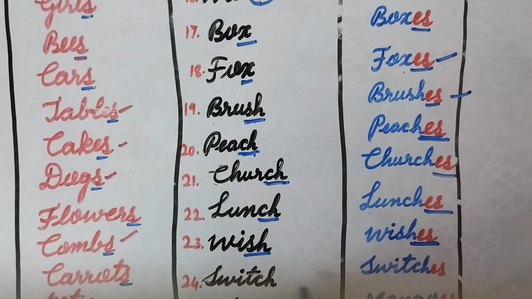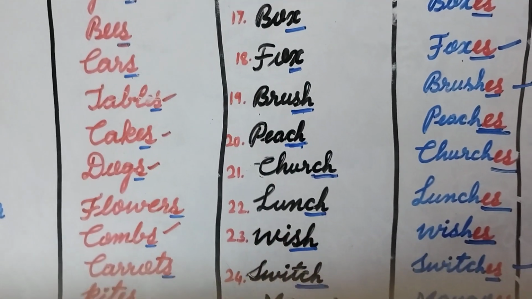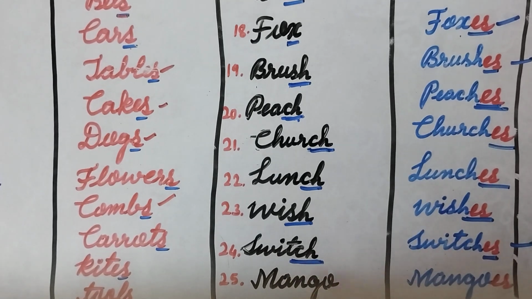Next, switch. It ends with the letters ch. So the plural form of switch is switches. So mango. Mangoes. Okay.